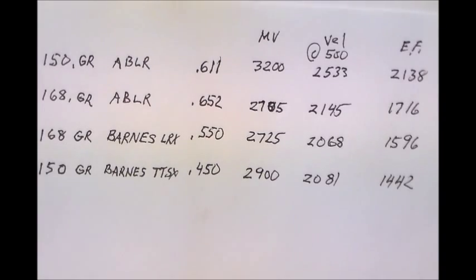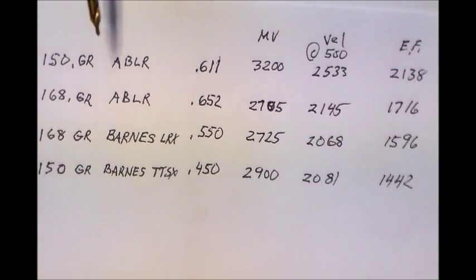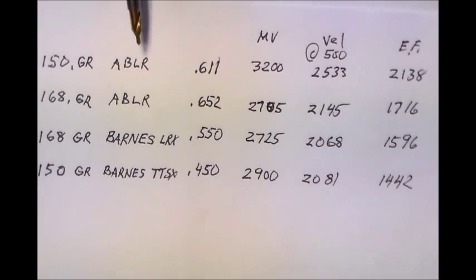Okay, before us I put together a chart of those different bullets that I had showed you and demonstrated. So as an example, we have a 150 grain Nosler AccuBond long range bullet. The coefficient is 611. The muzzle velocity in this projectile was 3,200 feet a second. At 500 yards, the velocity was 2533, and the energy foot-pounds was 2138.